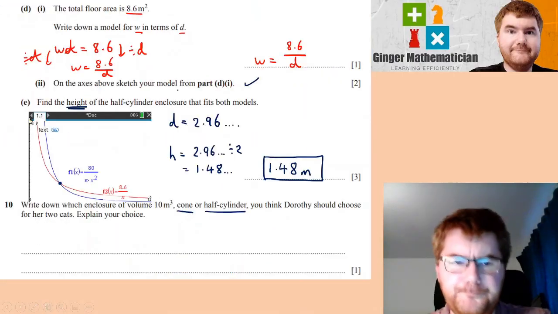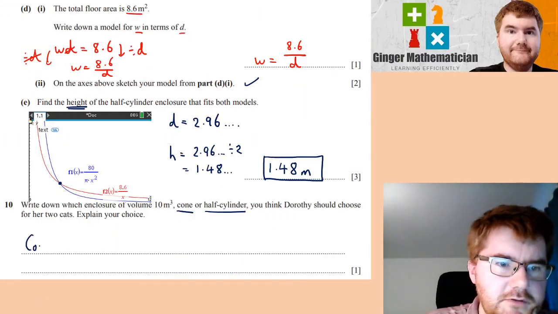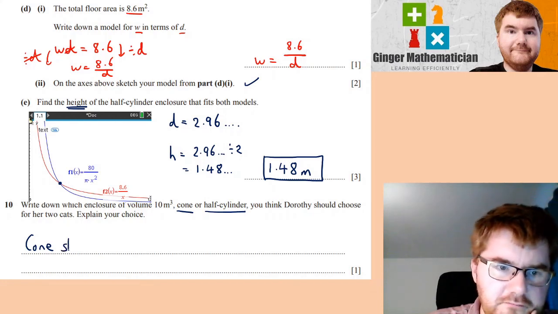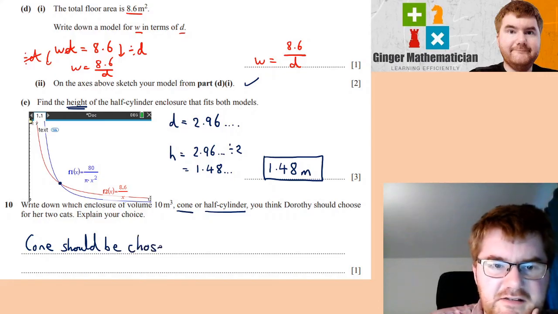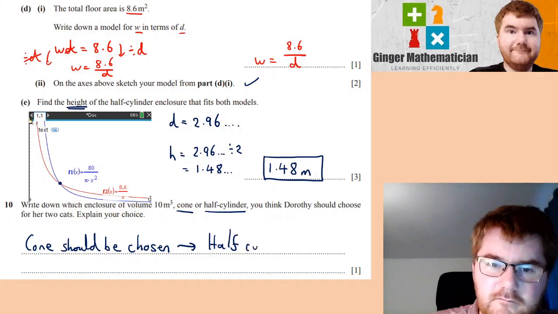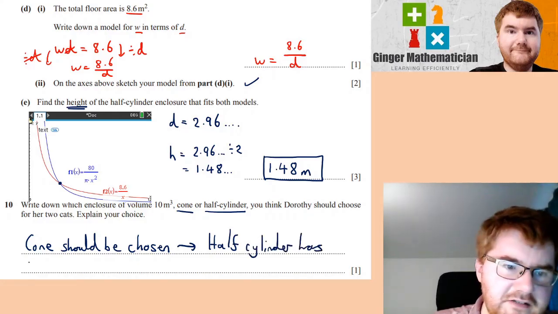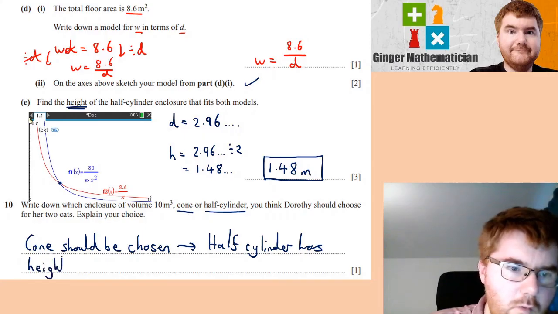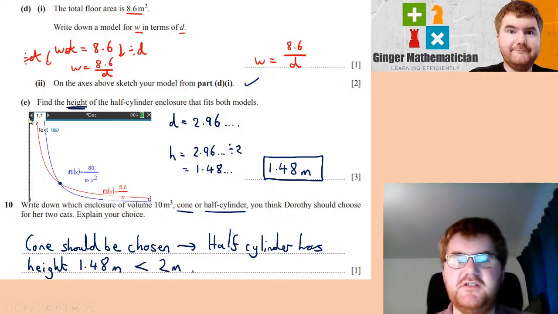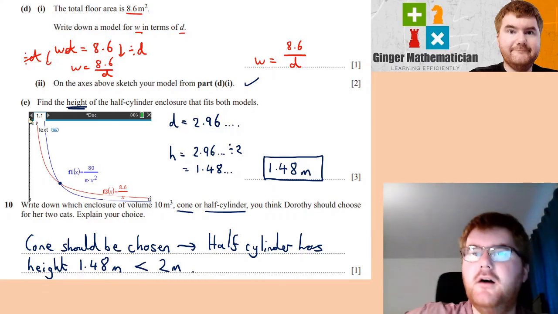So I'm going to say the cone is better, or should be chosen. And the reason for this is the half cylinder has height, so I'm just using what we've literally just worked out, has height 1.48 meters, and this is less than 2 meters. So I've given my justification to get that mark there.